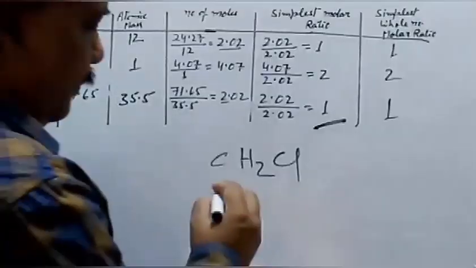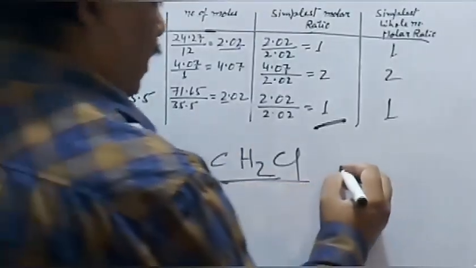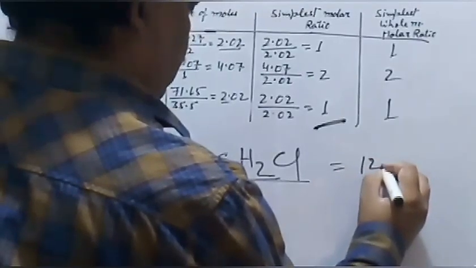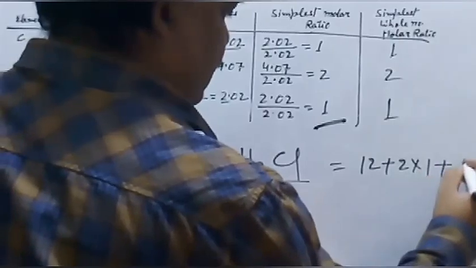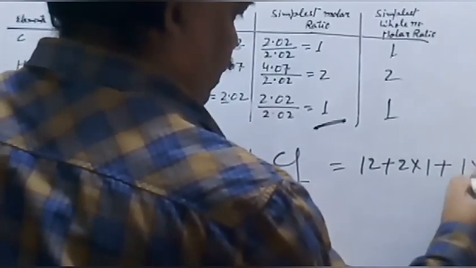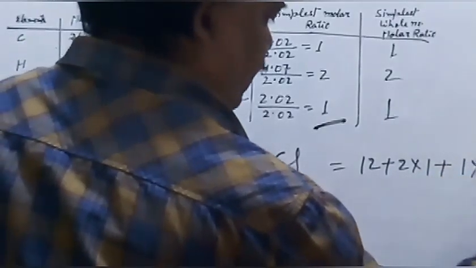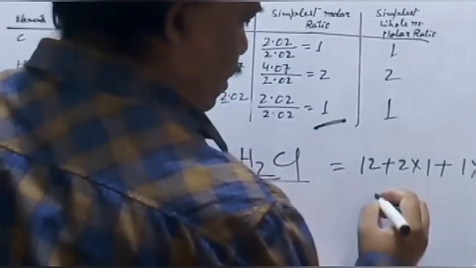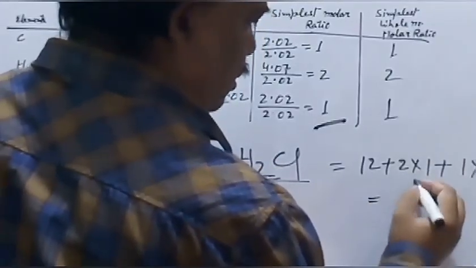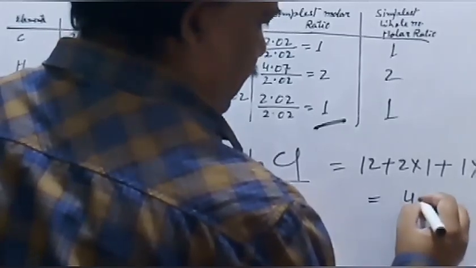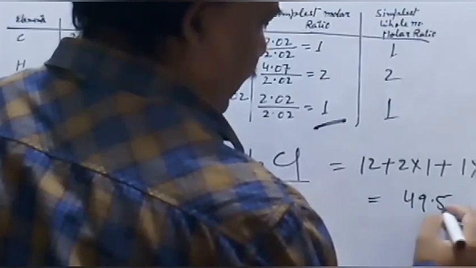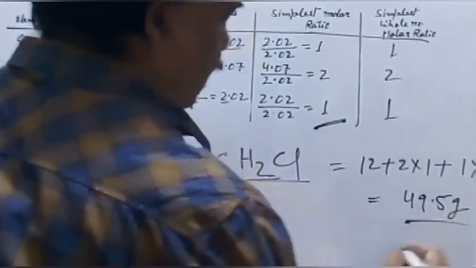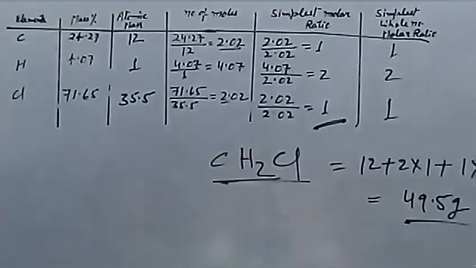Calculate the empirical formula mass: 12 plus 2 into 1 plus 1 into 35.5 equals 49.5 gram. This is the empirical formula mass.